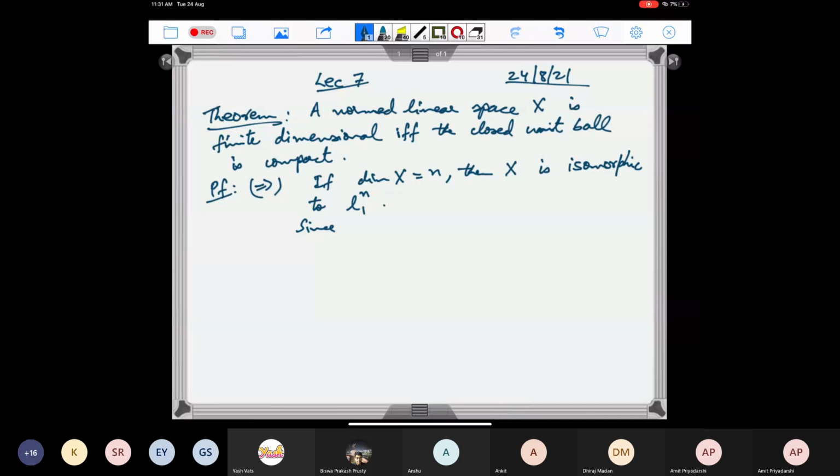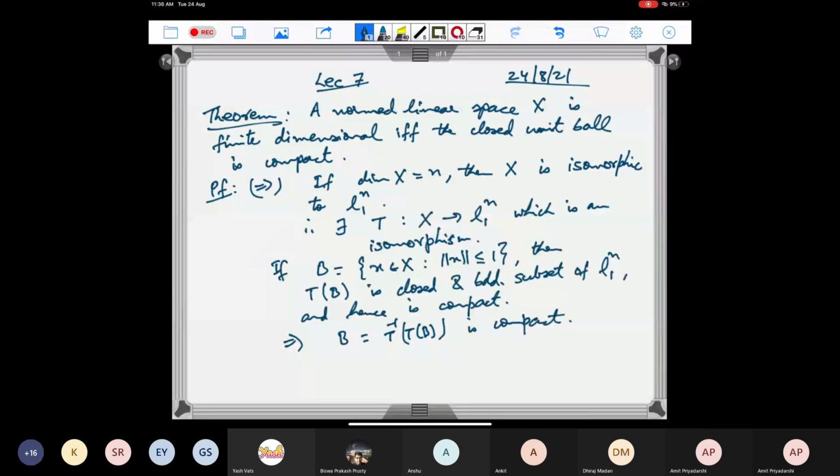So now if I take the closed unit ball, then its image, T of B, will be closed because T is continuous, and because B is bounded, T of B is also bounded. So T of B will be a closed bounded subset of L1 of n, and therefore it is compact.